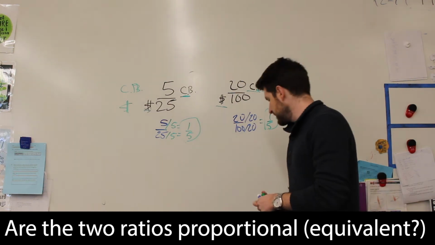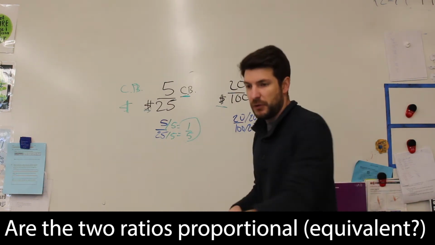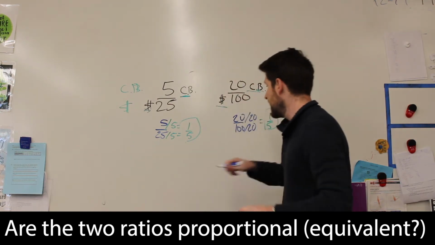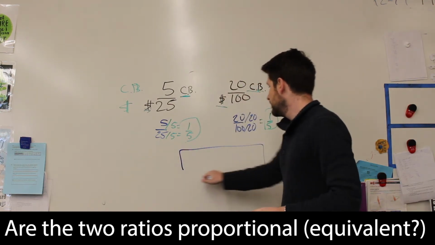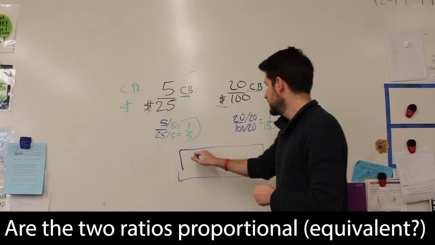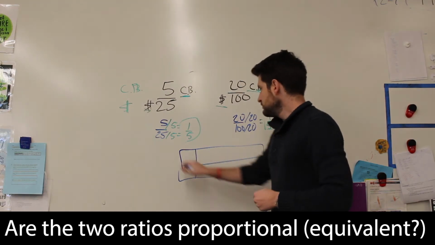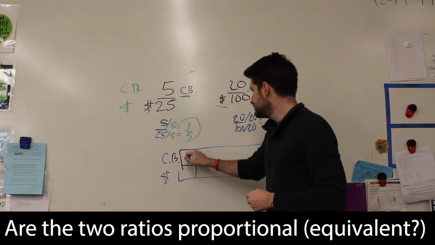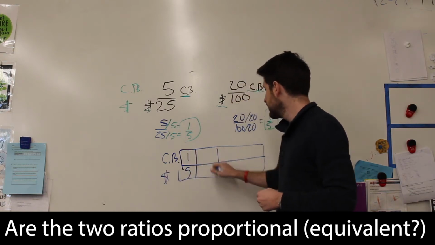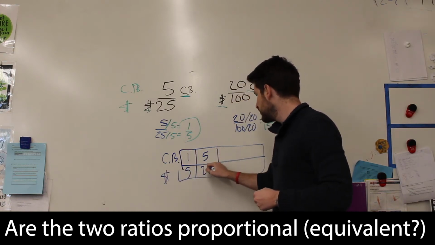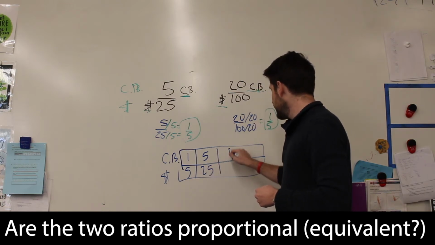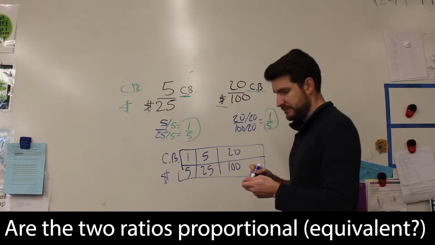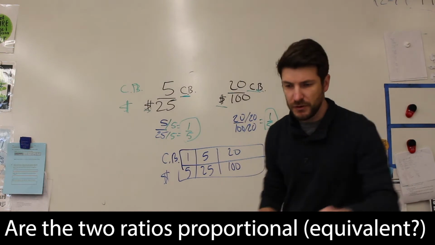We could have even put these back on a ratio table, if you remember when we did that. Here, these would fit. Candy bars up here, money down here. 1 and 5, 5 and 25, 20 and 100. Does this work?